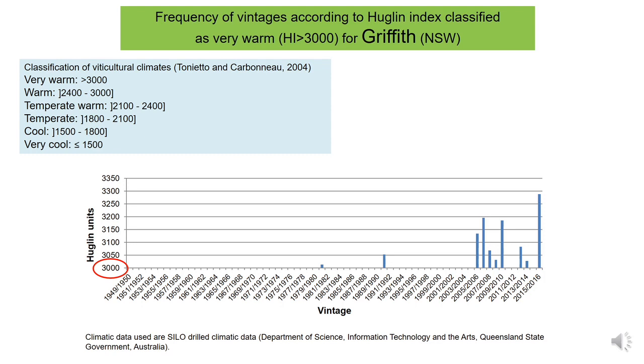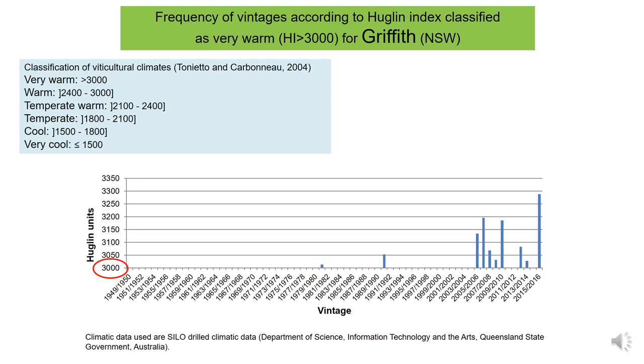And those indices are very important for many reasons. One of them is to assess the evolution of the climate over 30, 50 years. And the other one is to choose the right variety which will be adapted to the temperature of the region.